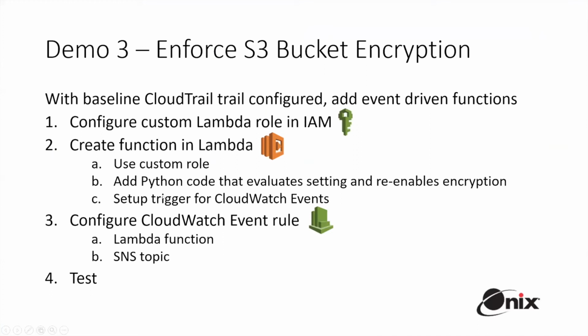We're going to set the trigger for CloudWatch events, or it's already been set up rather. And when the encryption on a bucket is disabled, a Lambda function will be notified by that CloudWatch event rule, and it's going to re-enable encryption on that bucket.